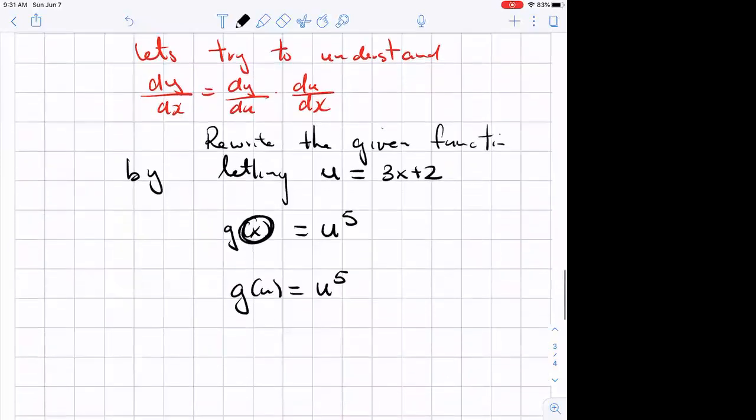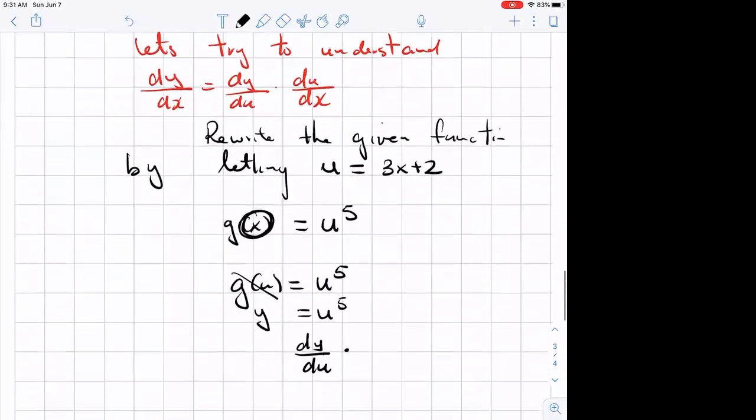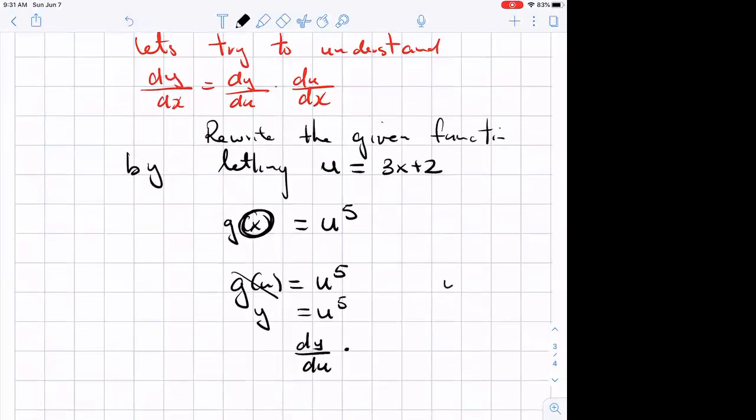So here, what we do now, we're going to take the derivative of y with respect to u. Because this here is the same as if we write y is equal to u to the fifth. So dy/du times, now, but remember, u is equal to 3x plus 2.